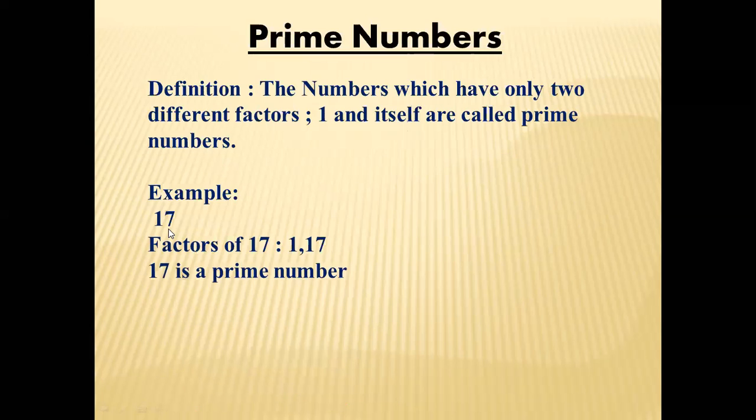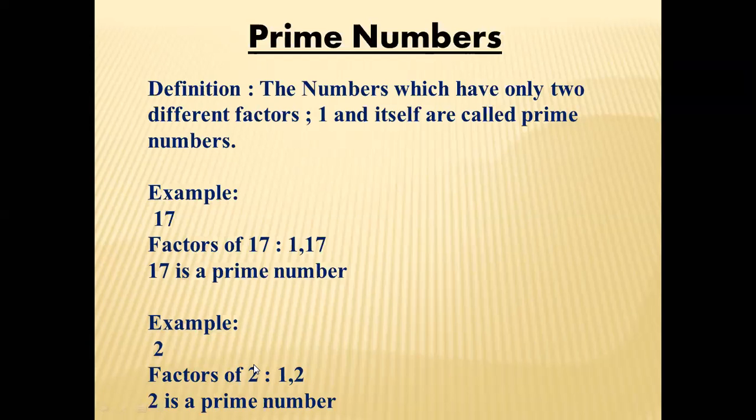Let's see another example: number 2. Find the factors of 2. These are 1 and 2. Again we have two different factors, so we say 2 is a prime number. This is just the review of prime numbers, which we discussed briefly in yesterday's class.